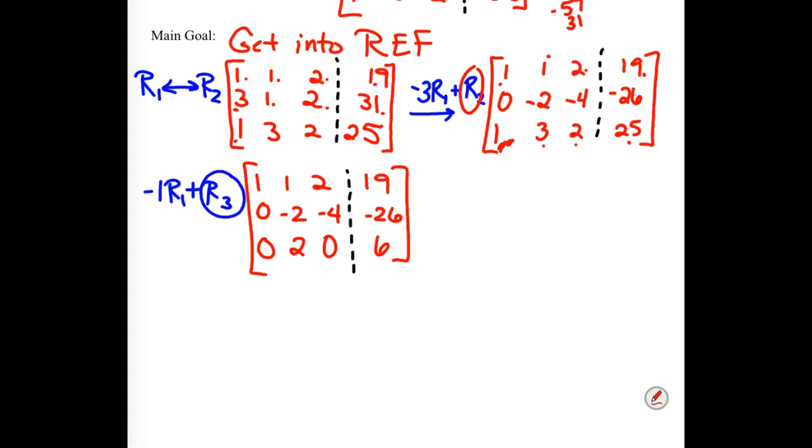Okay, now I move to the second column. What would happen if we add row 2 and row 3? We get a 0 in that bottom row, and that's one of the things we're trying to get, right? So let's go ahead and do that. So let's take row 2 and add it to row 3, and we are changing row 3.